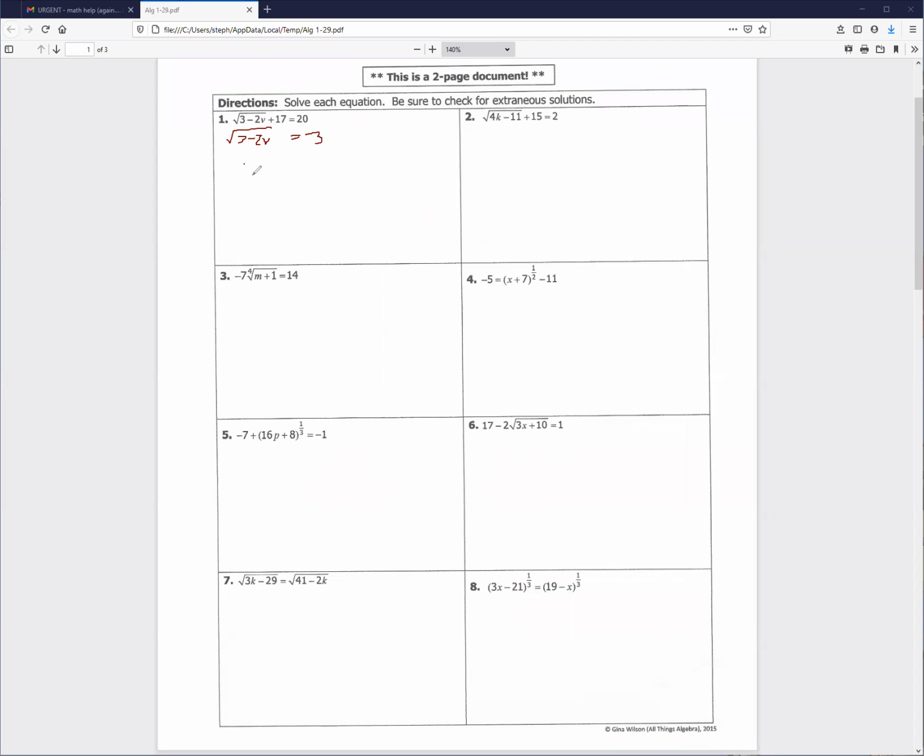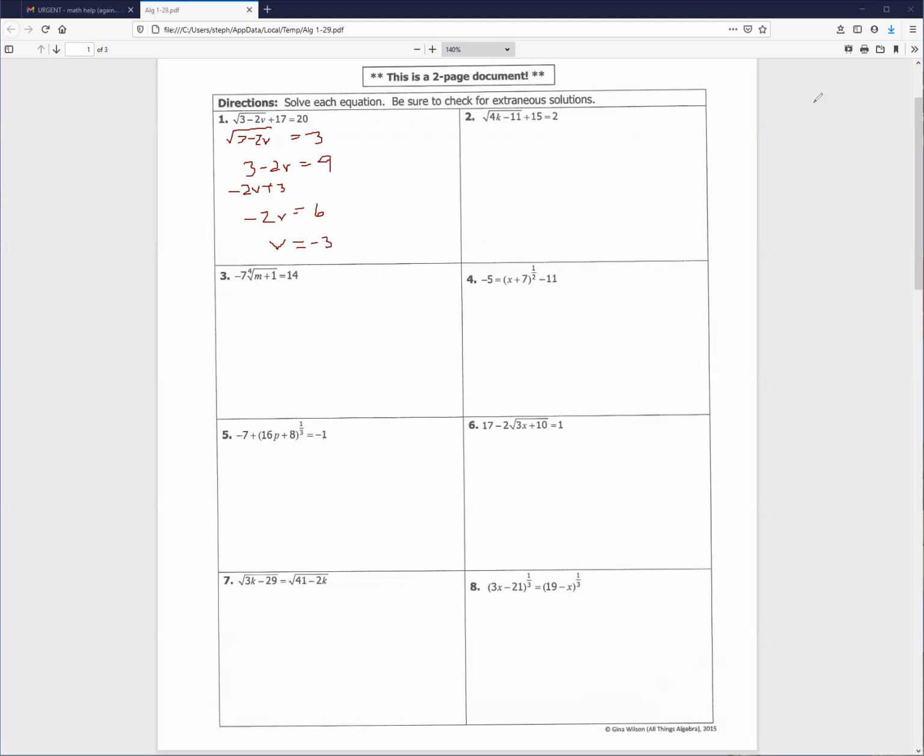Square both sides, 3 minus 2v equals 9, because of course the square root is the outermost thing that's taking place here. Now the outermost thing is this 3 over here. If it helps, think of this as negative 2v plus 3. So we'll subtract 3 from both sides. Negative 2v equals 6. And then we'll divide both sides by negative 2, and v equals negative 3.